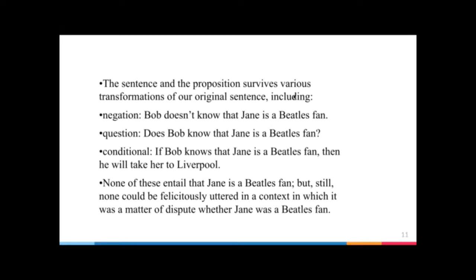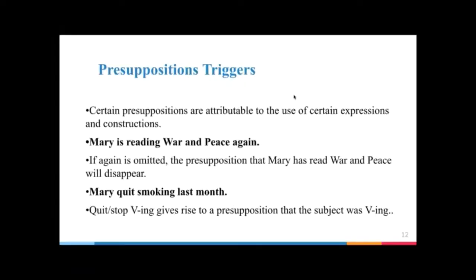None of these entail that Jane is a Beatles fan, but still none could be felicitously uttered in a context in which it was a matter of dispute whether Jane was a Beatles fan or not. We also have presupposition triggers. Certain presuppositions are attributable to the use of certain expressions and constructions. So we have here some examples.